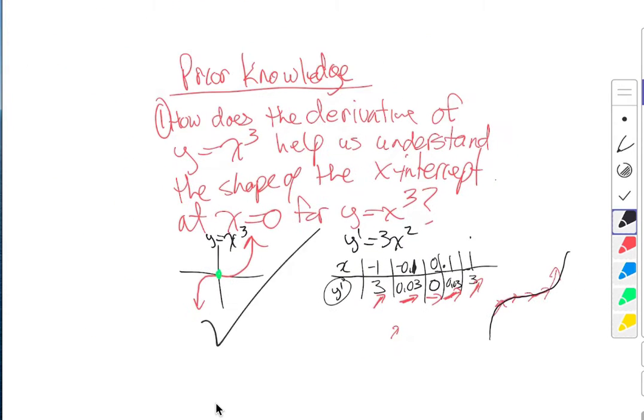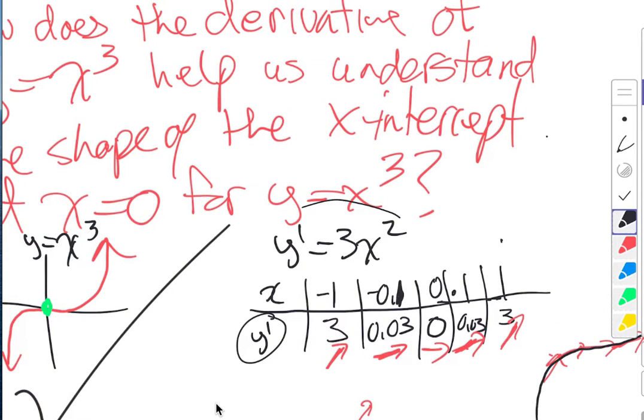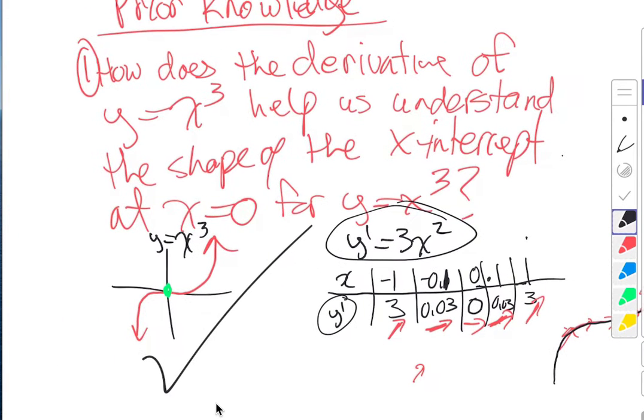Yeah, I'm pretty sure it is. That is the slope of y equals x cubed. So we can do that, folks. If we take the derivative, it describes the slope of the original function. So when we don't know the shape of an x-intercept, we can use the derivative to help us.